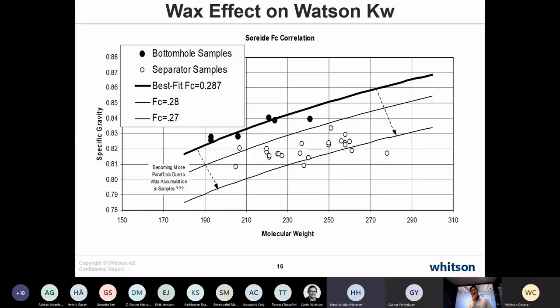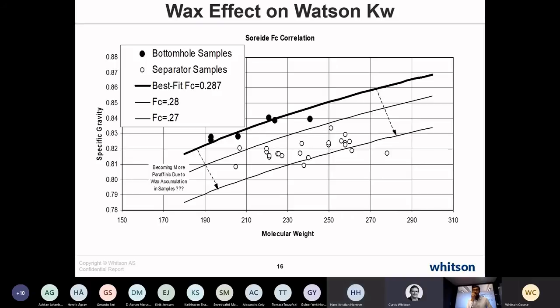That's probably below the wax appearance temperature, but before we transfer it to the cell, we always heat the sample up to 60-70 degrees to be sure that if there is any wax precipitation in the bottle, we get that into the PVT cell, and then we lower the temperature because we should do the analysis at the separator temperature, and then we can observe if there is any wax, and then we can report it.